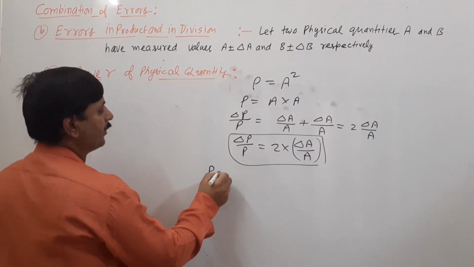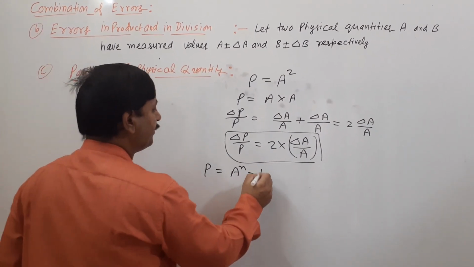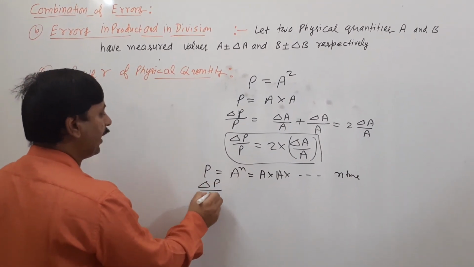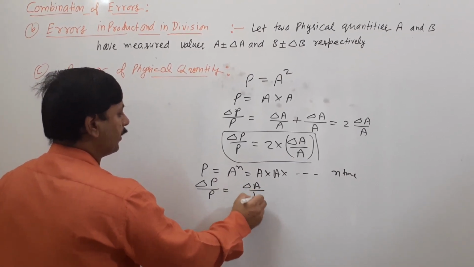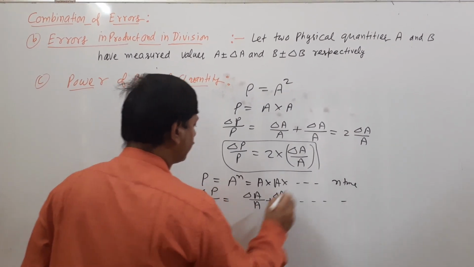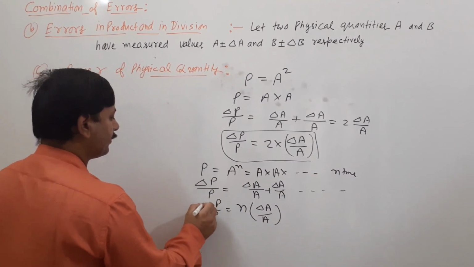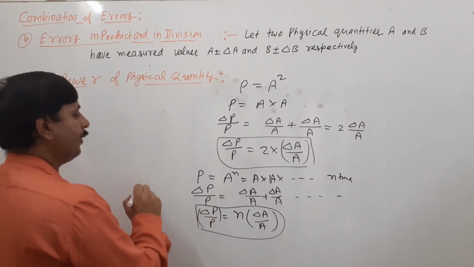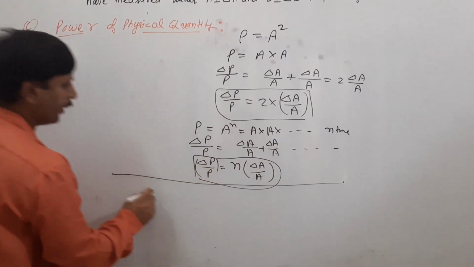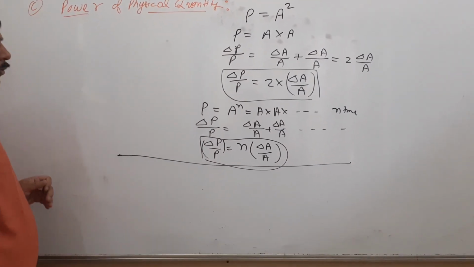Similar way we can see if A power n is there, so A into n times, when we take the relative error, this is also n times, that will become n into del A upon A. This will be the relative error when power we are taking. We can make a general formula.